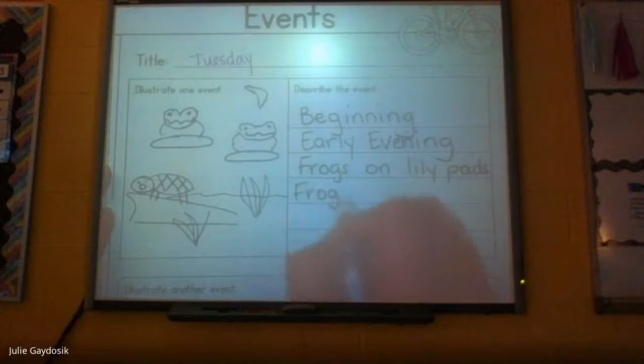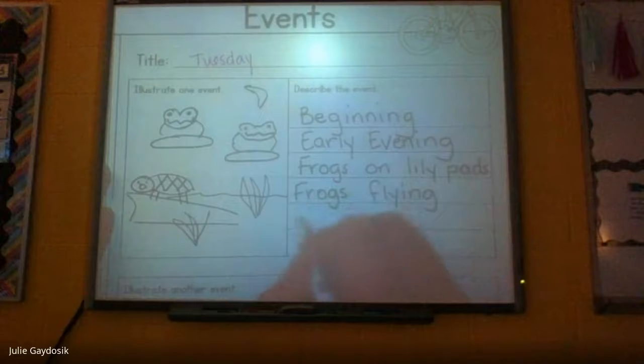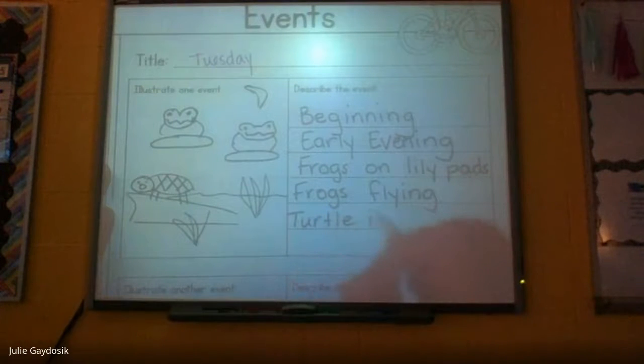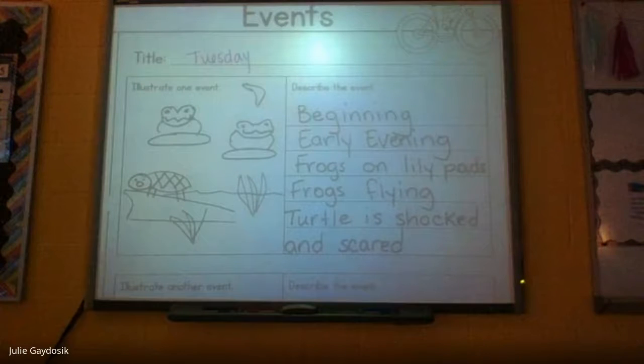Frogs flying or hovering. And then you could say turtle is shocked. And I think he's a little scared. And scared. So take your time, but that's how I would describe that.